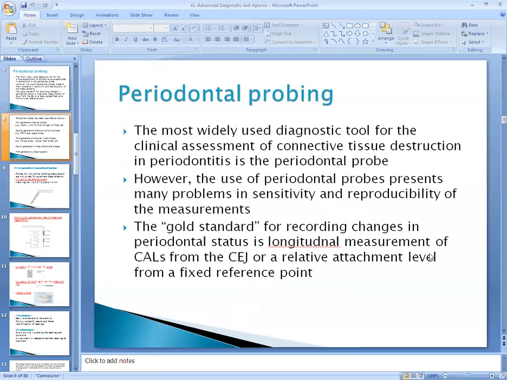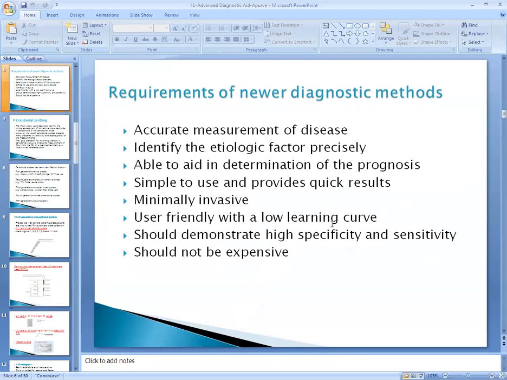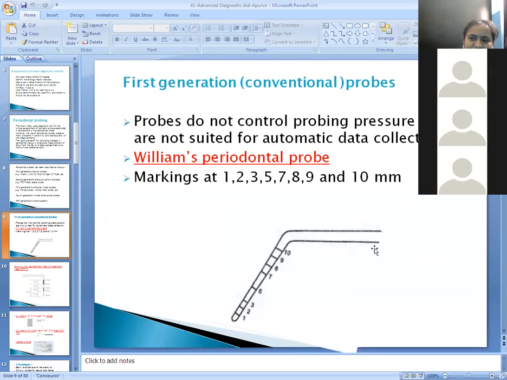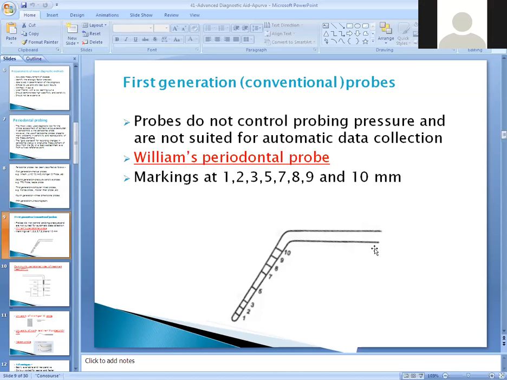Who is answering? Rajni. Okay, Rajni, are you able to decide how much is the probing force? 25 grams. Ma'am, it is the force we actually decide by probing our nail, but that much force should be there. Yes, that much probing force should be there. But how will you be able to decide that 25 grams while inserting? Suppose a patient is there and you are inserting your probe in the sulcus or in the pocket.